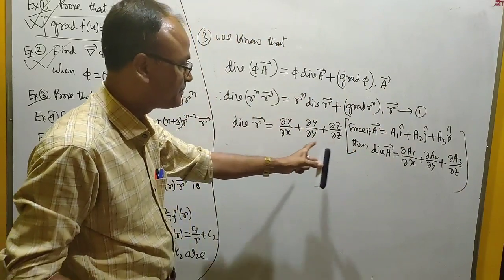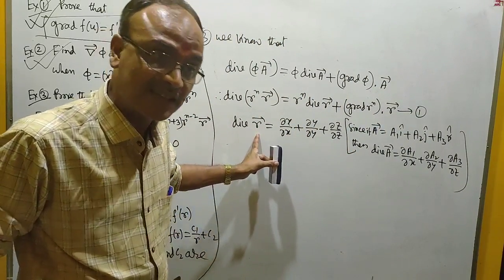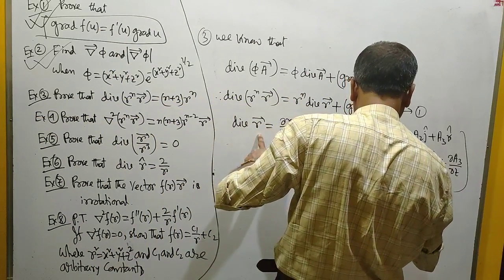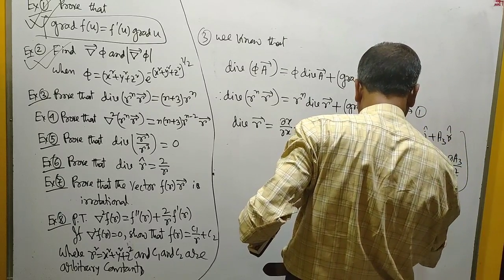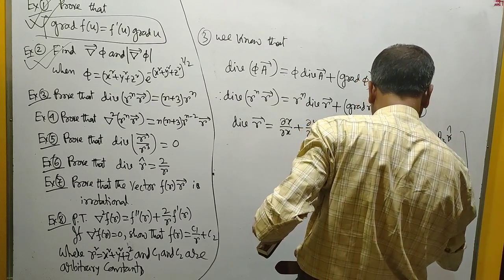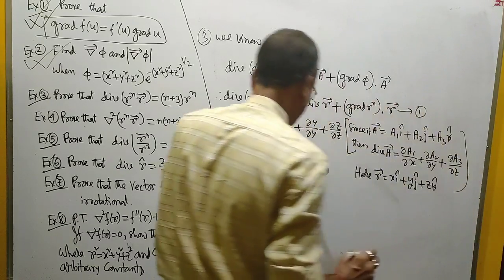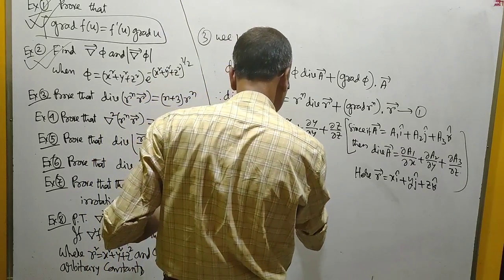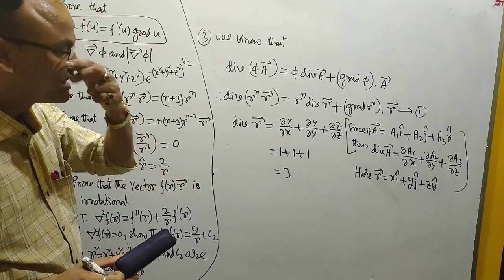Here r vector equal to x i cap plus y j cap plus z k cap. Therefore it will be 1 plus 1 plus 1 equal to 3.